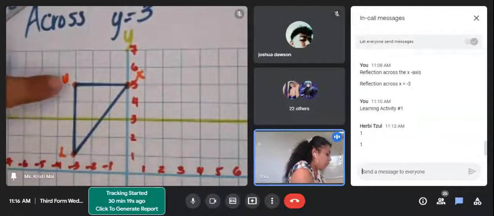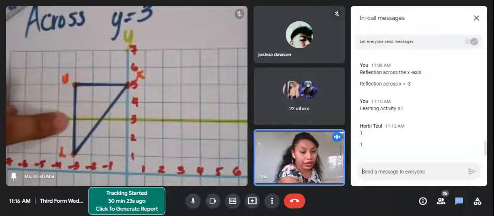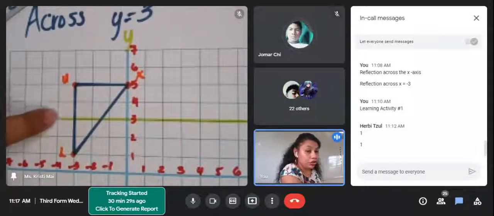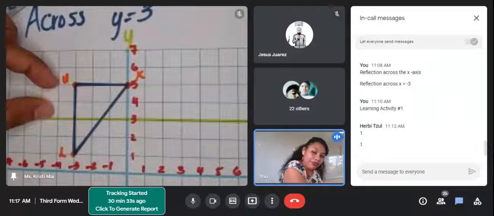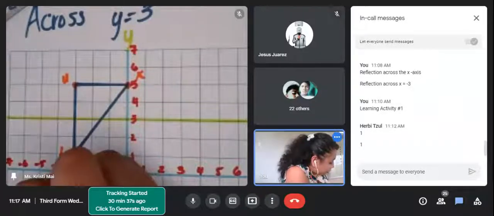How many spaces away is U from this reflective line? Two, very good. So because it is 2 spaces, I'm gonna have 2 spaces at the bottom as well. And it's gonna be this point.